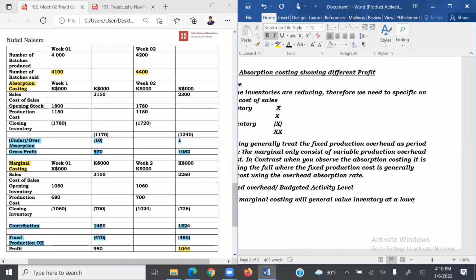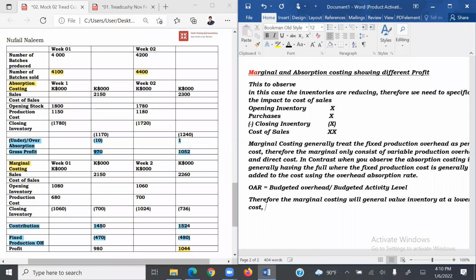Get that understanding clearly, students. Generally at a lower cost, which means, students, which means in the point where the inventories, the closing inventories, are increasing.